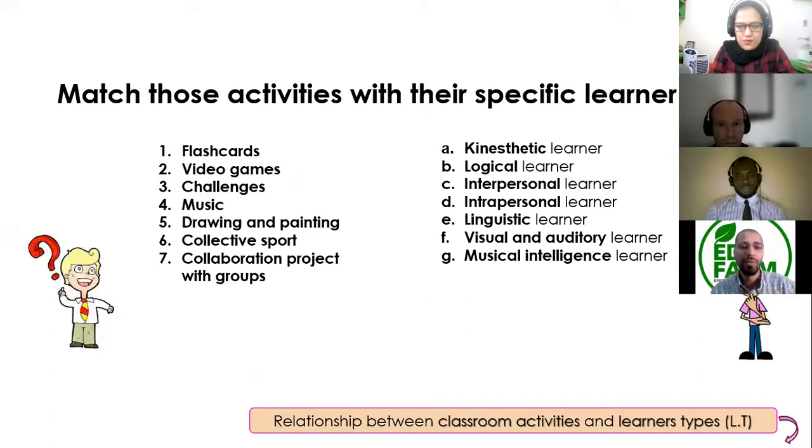Match those activities with their specific learner. Everybody can help us with that. Just take one minute and do this task. What do you think from the previous slides? Give your answers in the chat box, please.